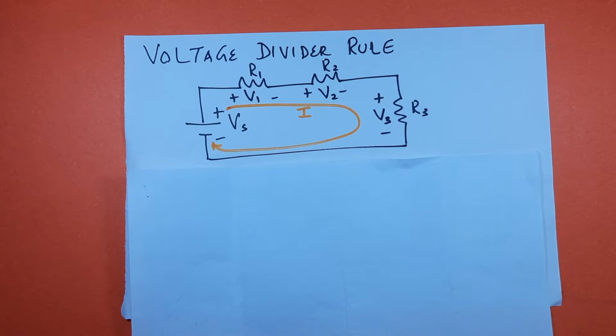So V3 equals the value of that resistance, R3, divided by the sum of the resistances in the circuit. Underline the word sum.